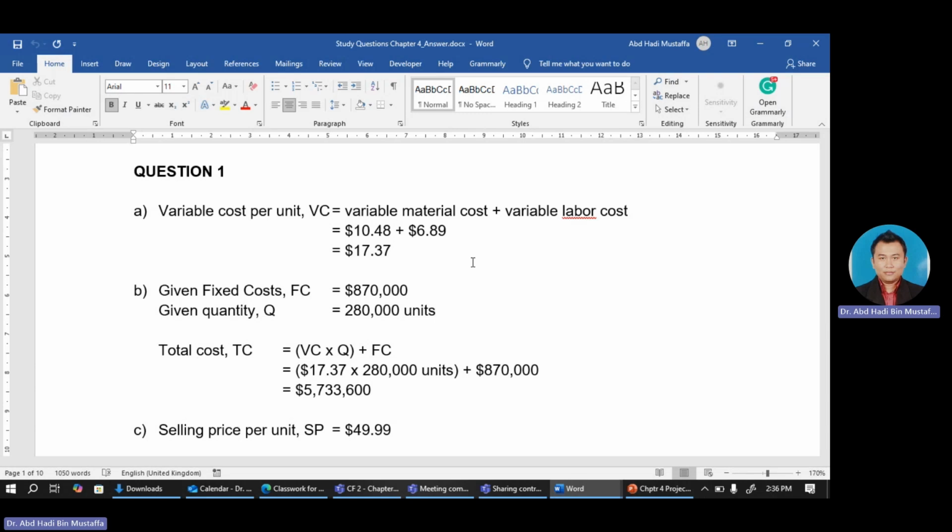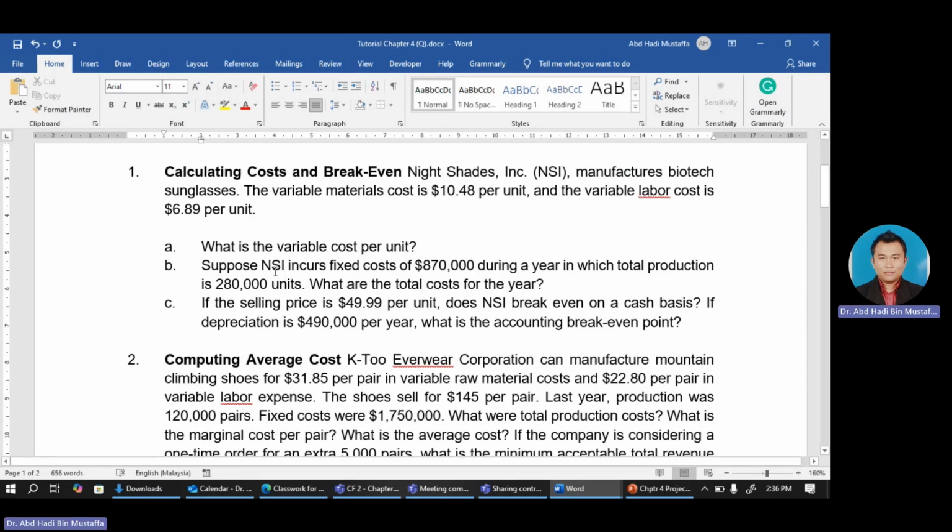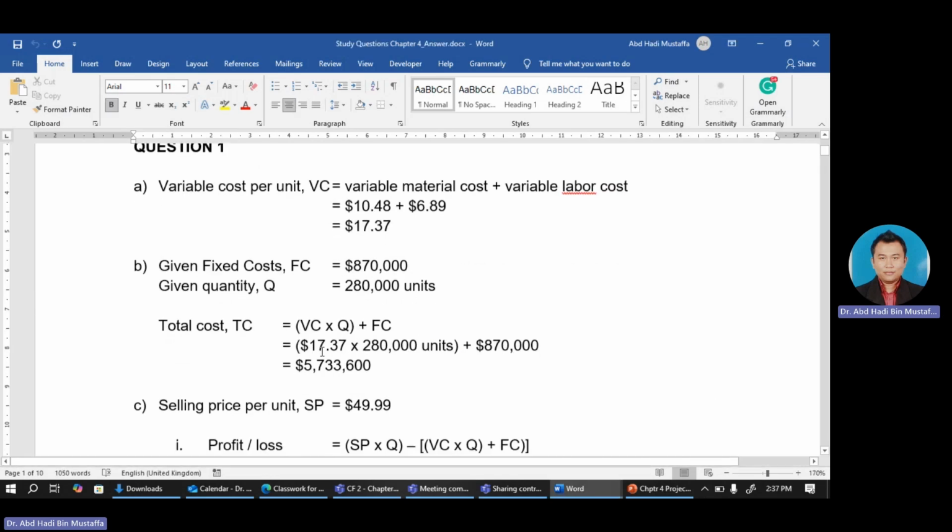Okay, now for question B, suppose NSI incurs fixed cost of 870,000 during a year in which total production is 280,000 units. That means 280,000 is a quantity. What is the total cost for the year? Remember we use the formula of total cost, variable cost multiplied by quantity plus fixed cost.